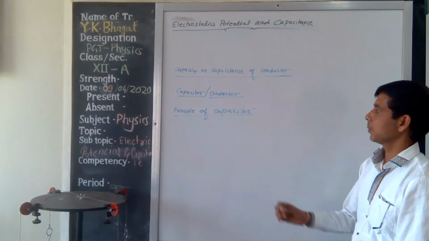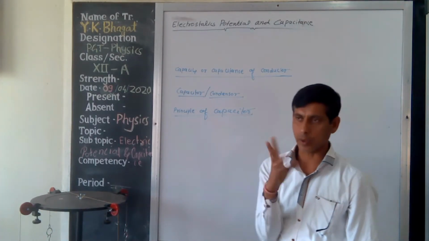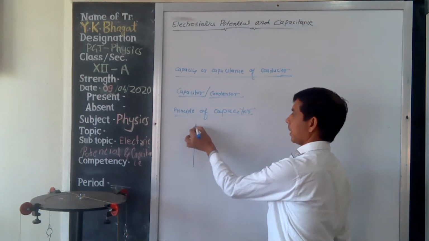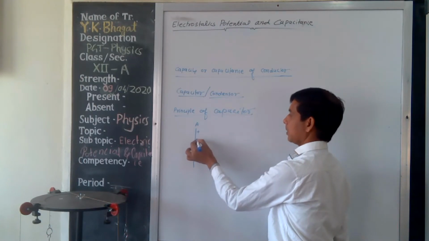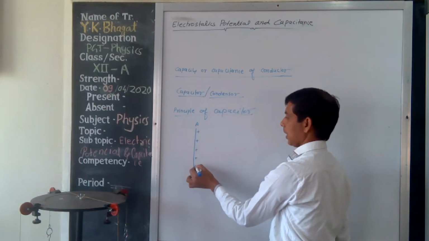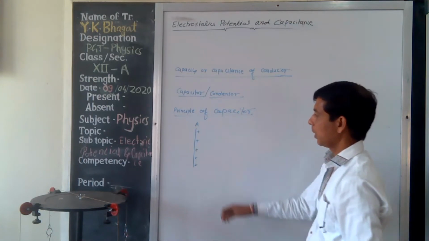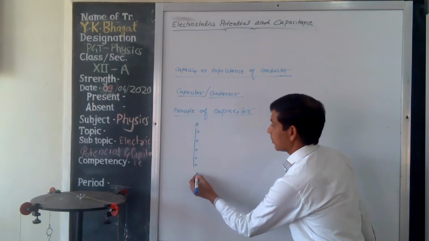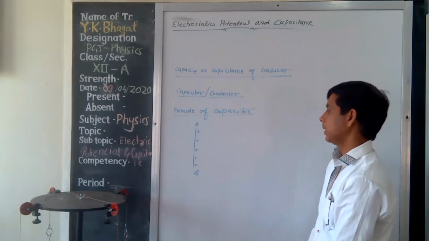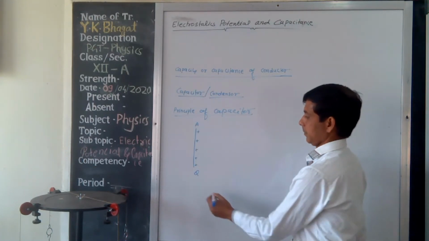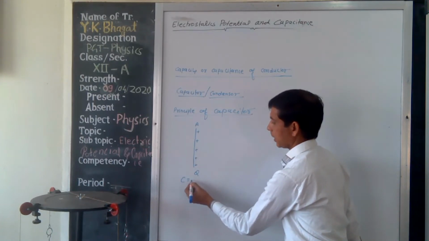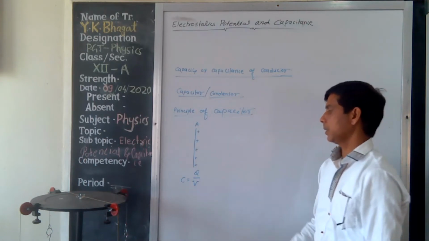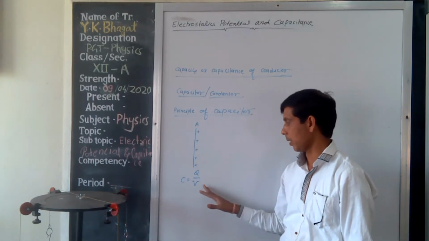Dear students, we know that in a capacitor there are two conductors. Firstly, we assume we have a conductor A having charge plus Q. This charge is distributed over its surface uniformly. When Q charge is given to that conductor, potential V is developed. Then the capacity of that conductor will be C equals Q by V. It is the simple formula.